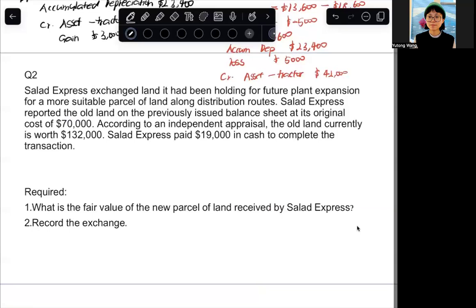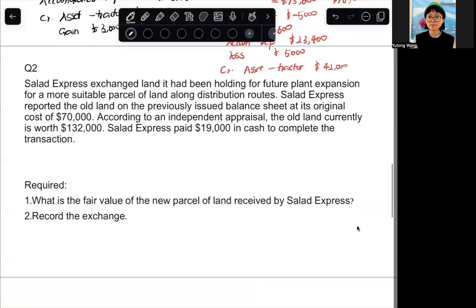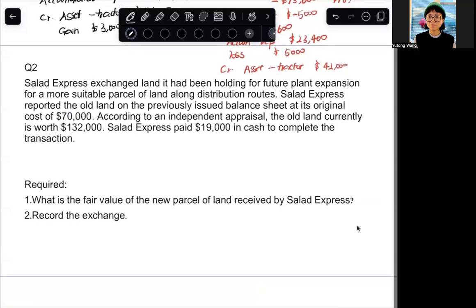So this question is about exchange of asset. Sala Express exchanged land it had been holding for future planned expansion for a more suitable parcel of land along distribution routes.